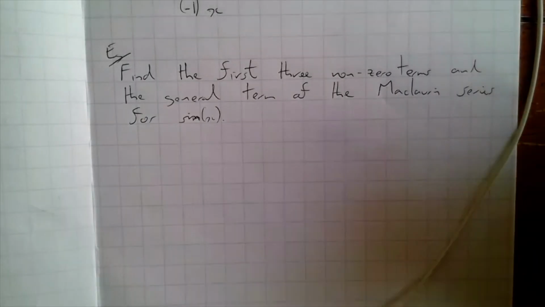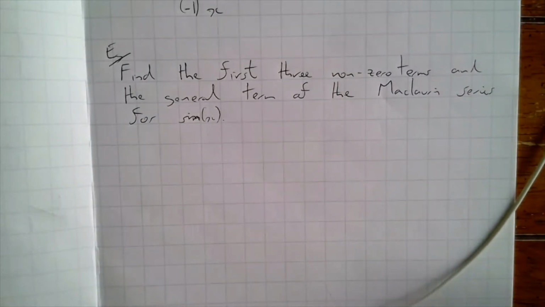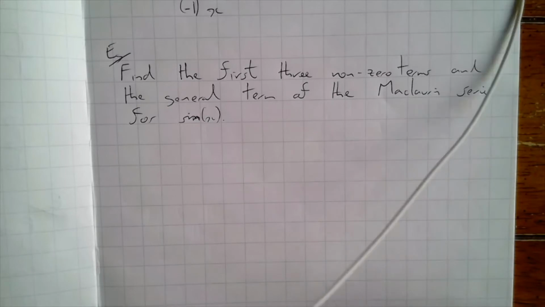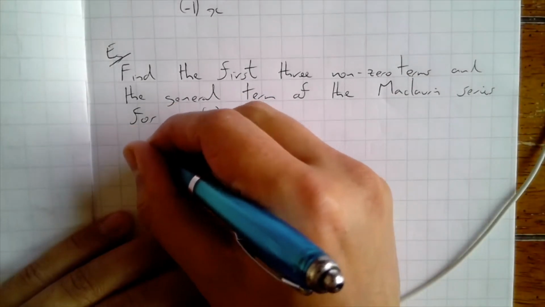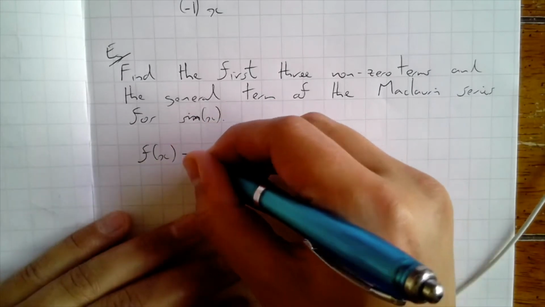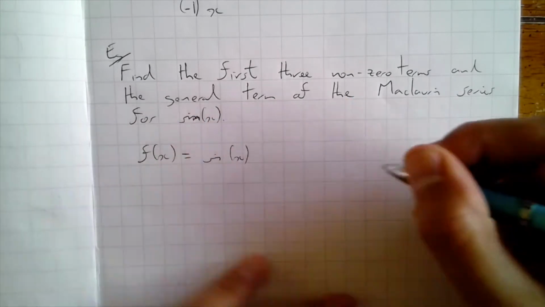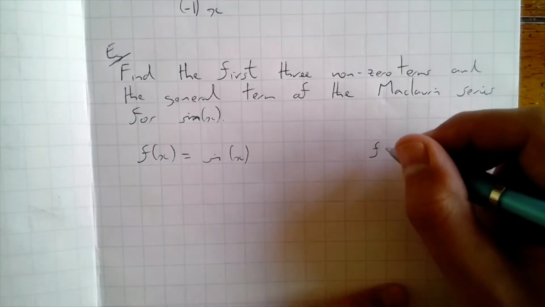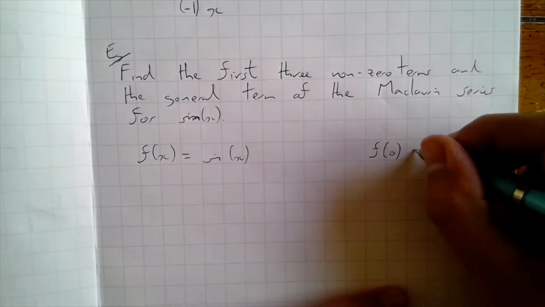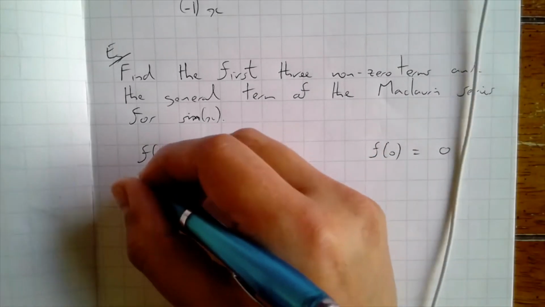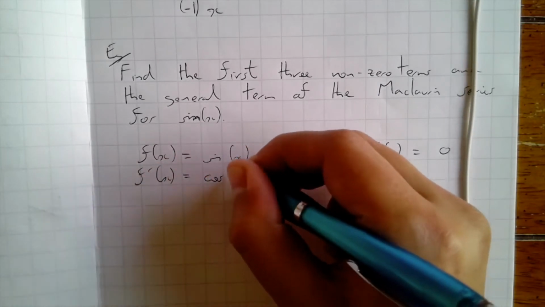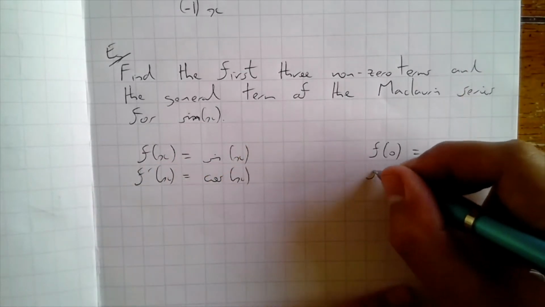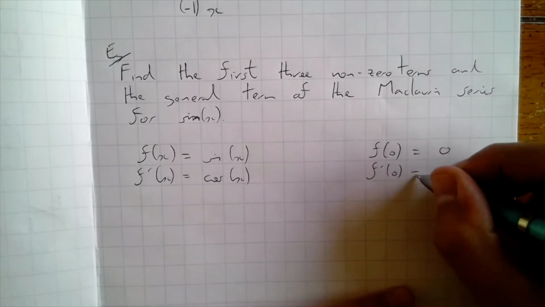So let's try an example of this. Find the first three non-zero terms and the general term of the Maclaurin series for sine x. So f of x is sine x, and f of 0 is 0. f dash of x is cos x, and f dash of 0 is going to be 1.